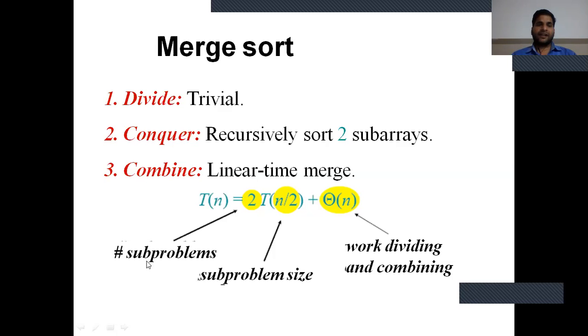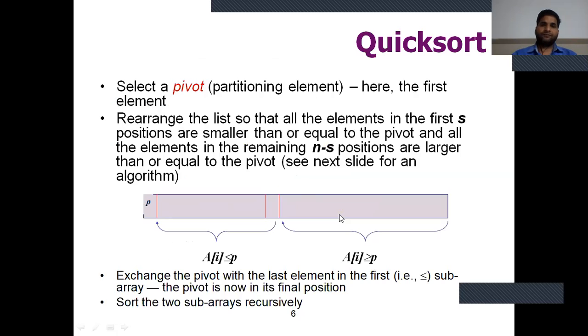This 2 indicates the number of subproblems, n by 2 is the subproblem size, and theta n is the work of dividing and combining. These three elements are associated with this recurrence of merge sort.